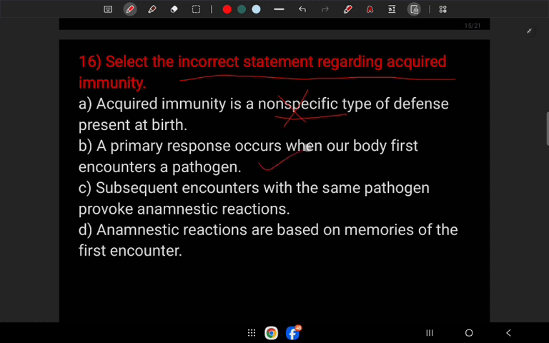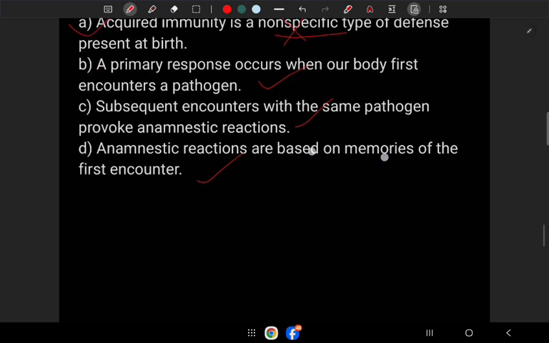Yes, in the presence of antigen or pathogen, acquired immunity is active. Subsequent encounters with the same pathogen provoke an anamnestic reaction, right? Anamnestic reactions are based on memories of the first encounter, right? So the incorrect option is option number A. Next question.